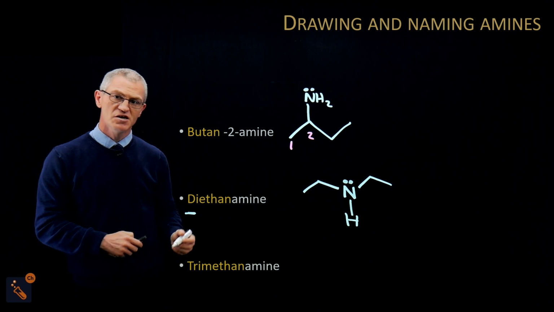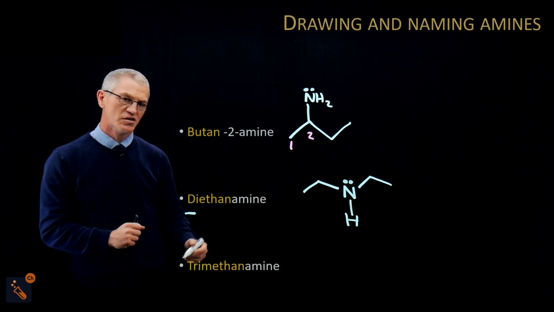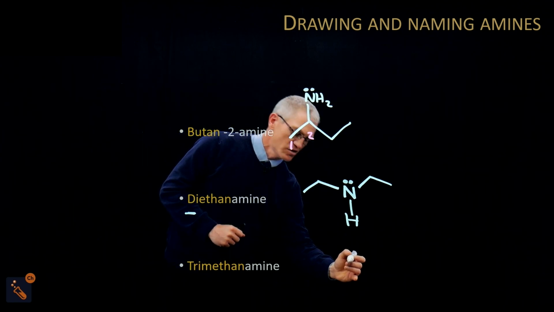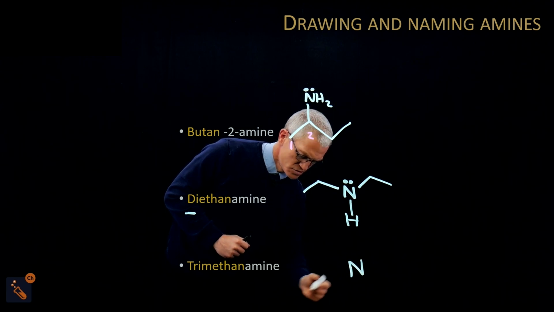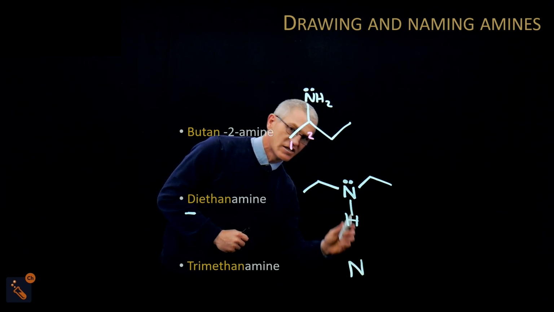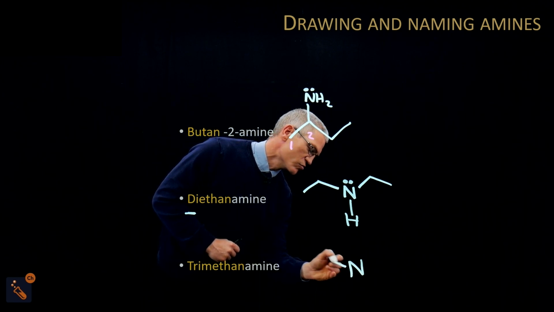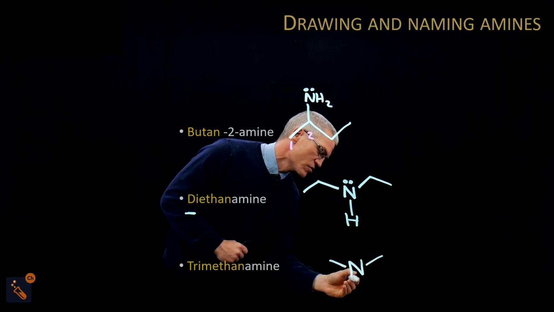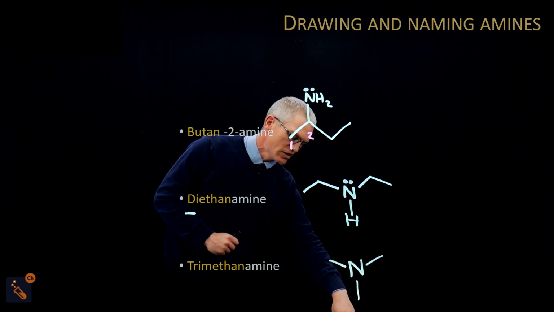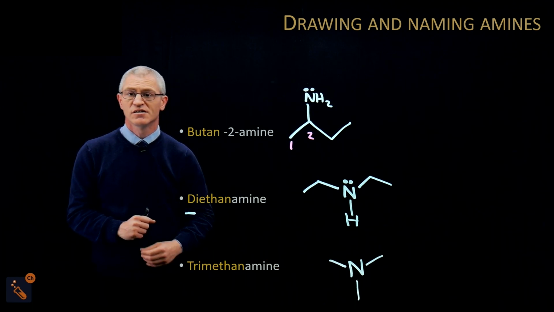We then go to trimethanamine. So again, we draw our nitrogen. Okay, there is our nitrogen. And then this time we've got 3 groups, the tri, and they're all 1 carbon long. So let's draw them as 1 carbon long. And then we see whether we add any hydrogens on there.